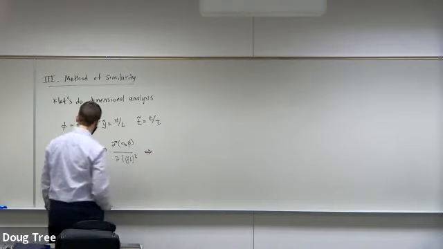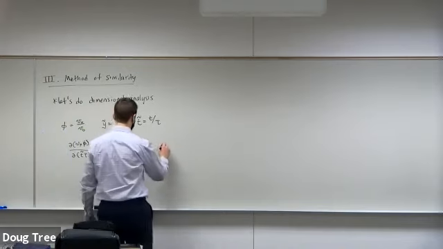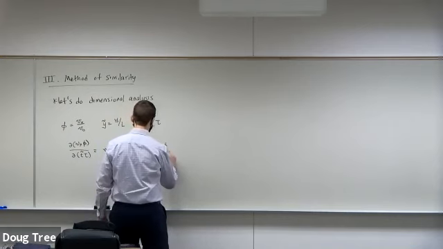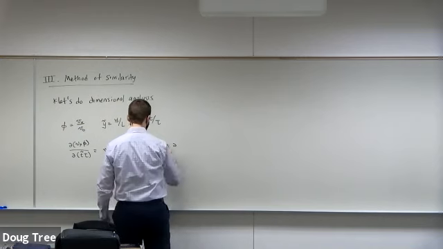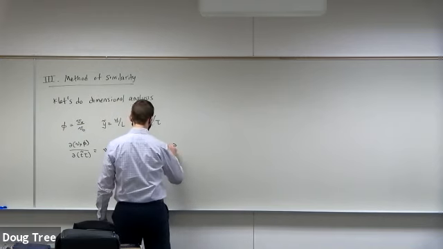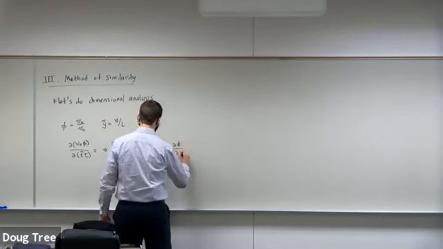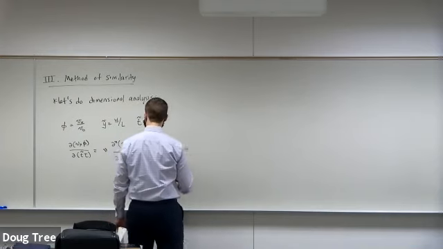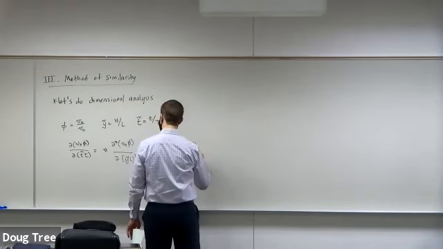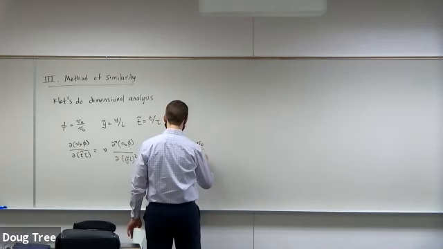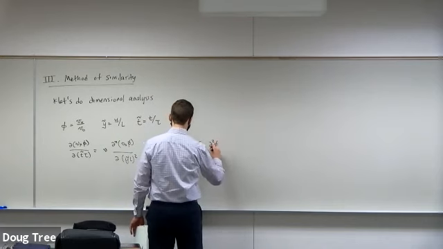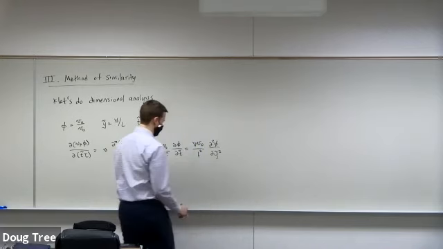Okay, so when I put that together, I'm going to get V naught d phi dt tilde is equal to nu V naught divided by L squared, and then the second derivative of phi with respect to our new y squared.